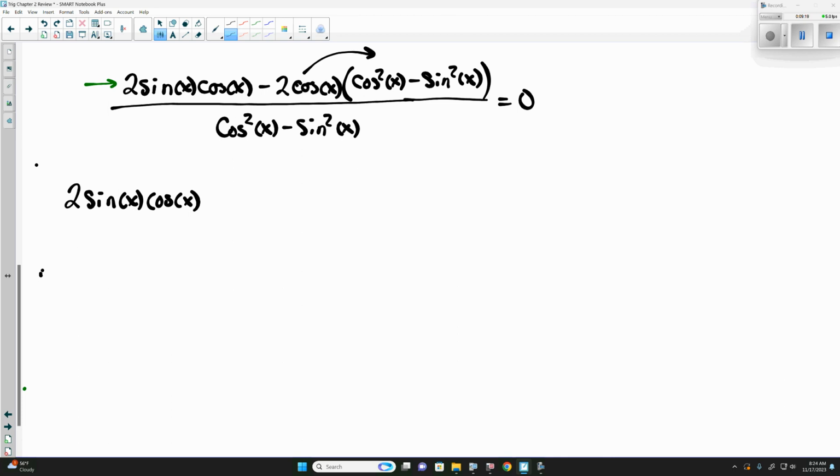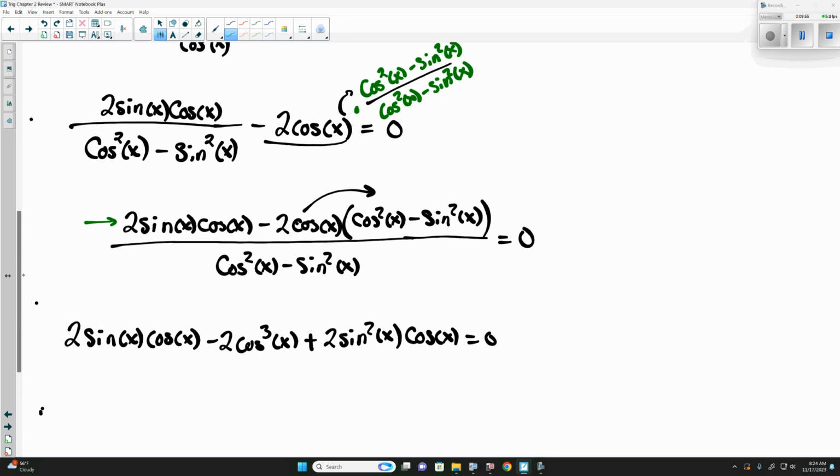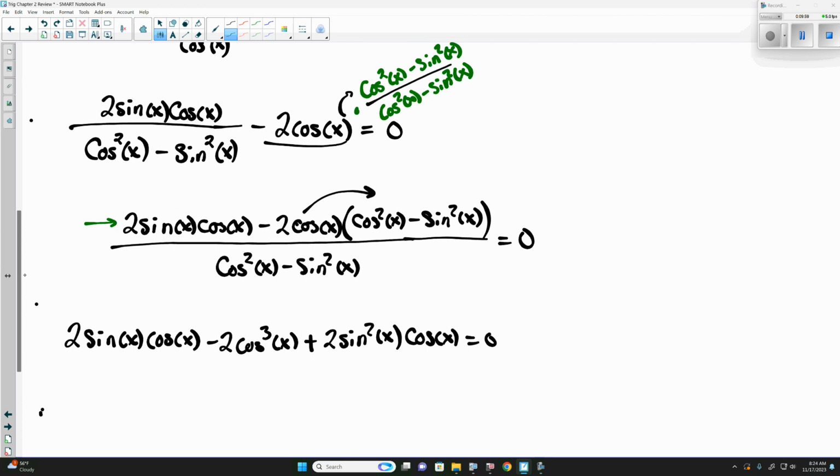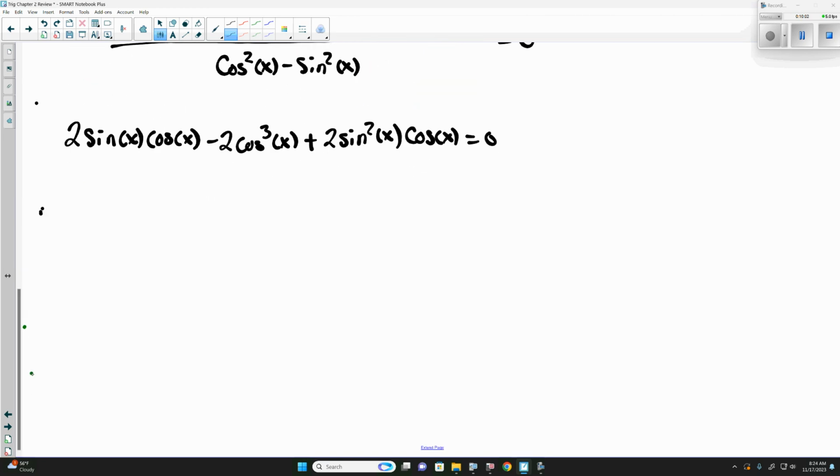And we can distribute the negative 2 cosine through, giving us negative 2 cosine cubed of x plus 2 sine squared of x cosine of x is equal to 0. Questions on this so far?